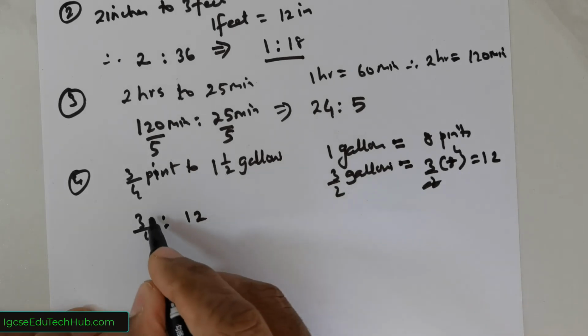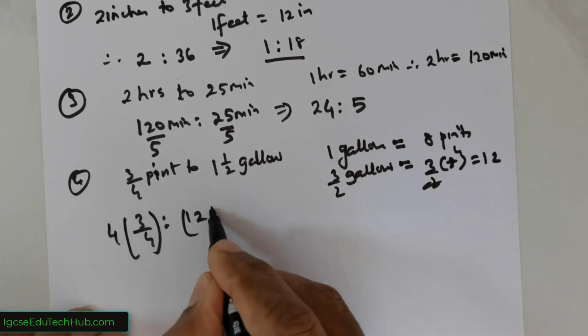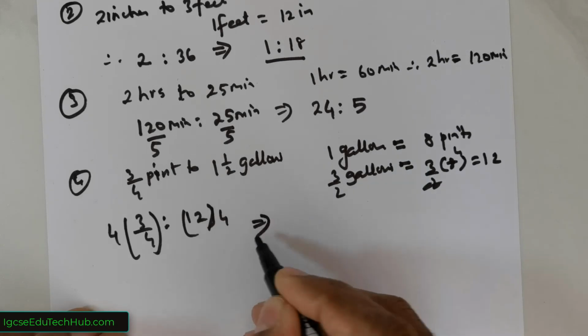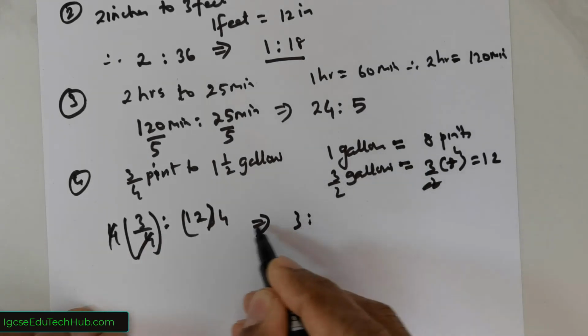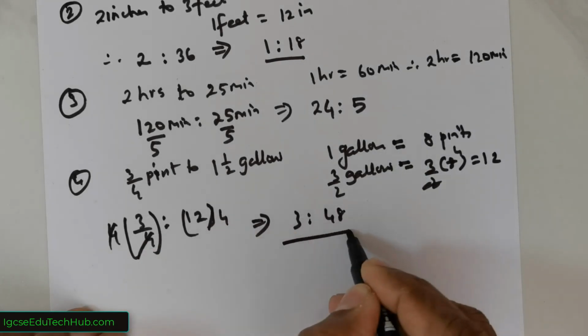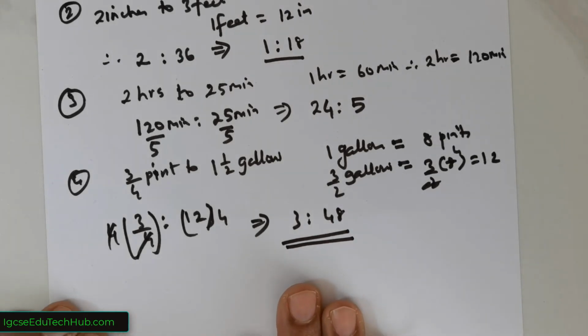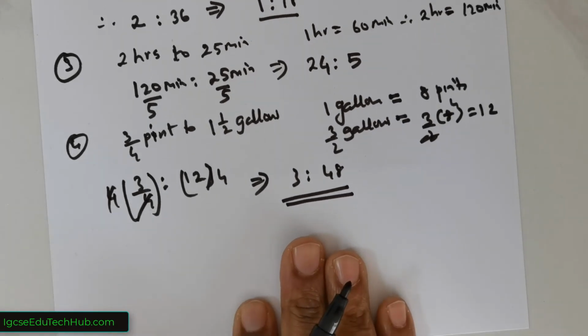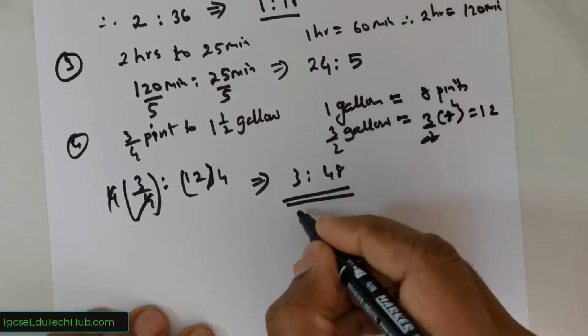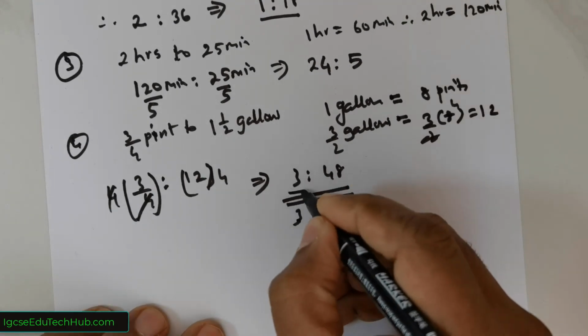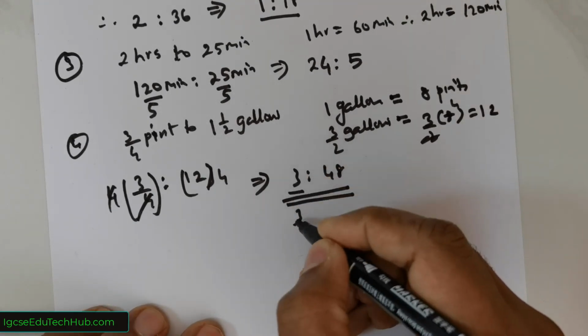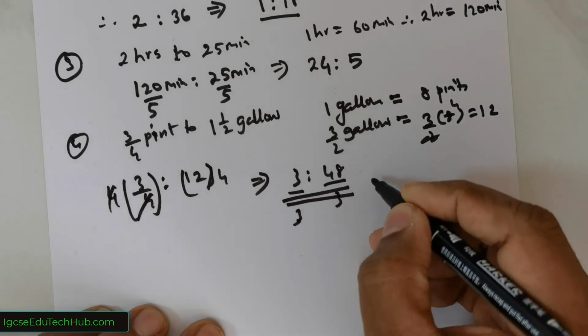Now to get it in the simplest form, I multiply both sides by 4. So the 4 gets cancelled, giving 3, and 12 times 4 is 48. So this is the answer to the given question. Further you can reduce this by dividing both elements, 3 by 3 and 48 by 3.